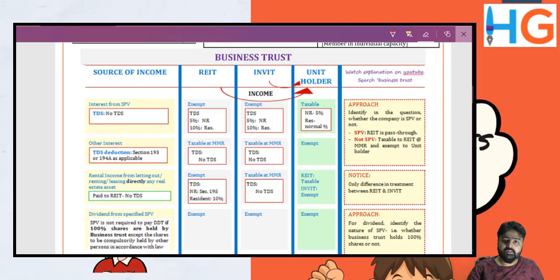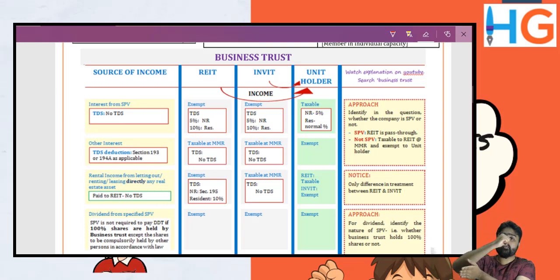In business trust, there's a simple concept of pass-through entities. What are pass-through entities? Say, for example, this is an income. This is a business trust. Provisions of business trust provide that a business trust in some cases will be a pass-through entity. Meaning, if an income comes, the business trust just passes it through.